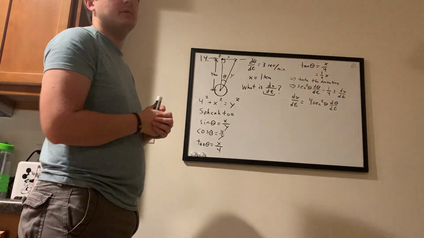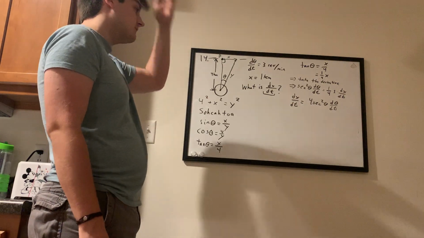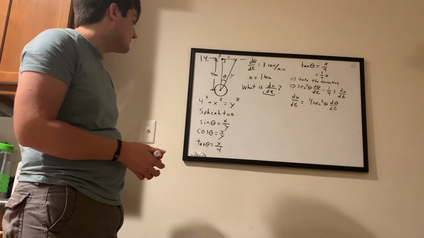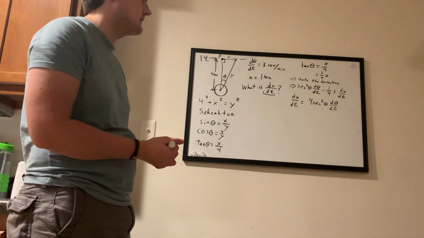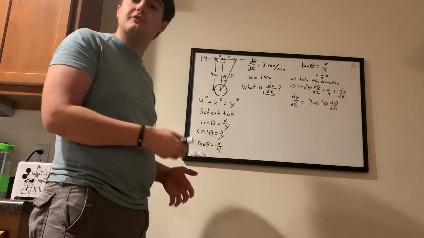Now, how do I go about finding secant squared theta? Well, let's think about a useful tip that we have, which is the fact that secant theta is the same thing as 1 over cosine theta, and that's something you learn in trig.